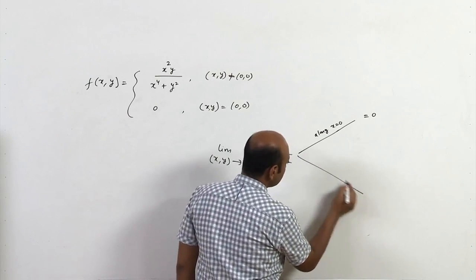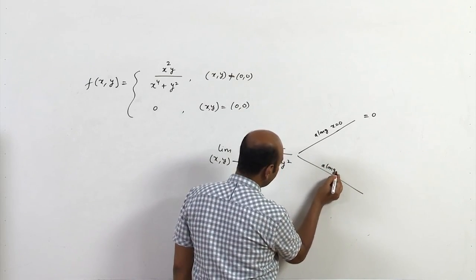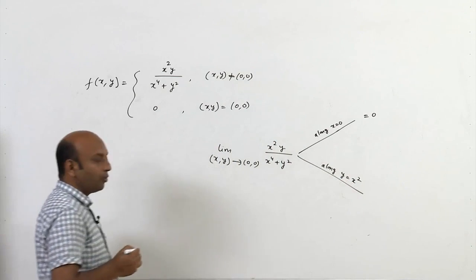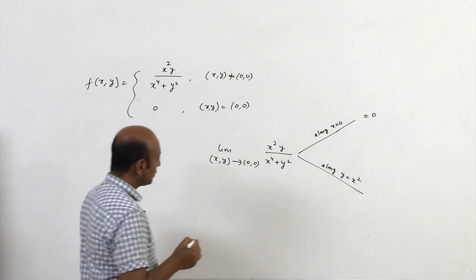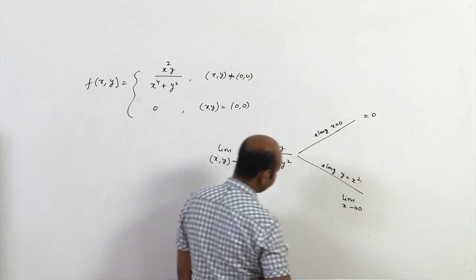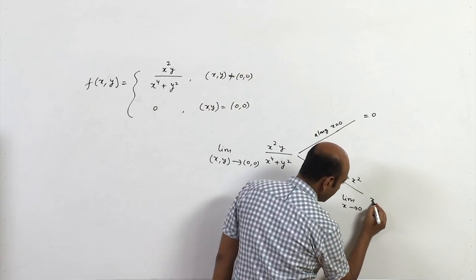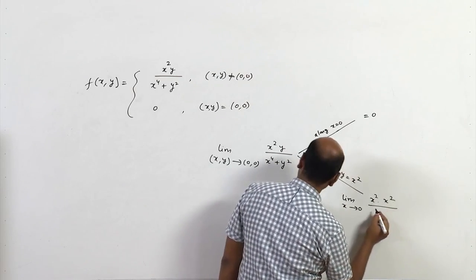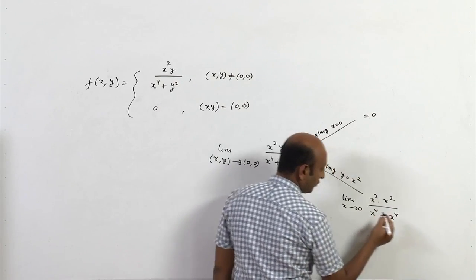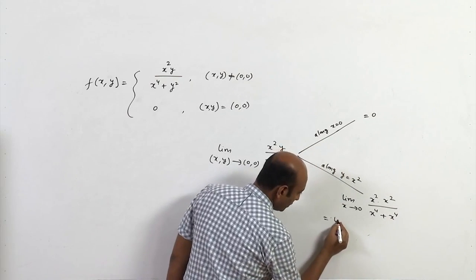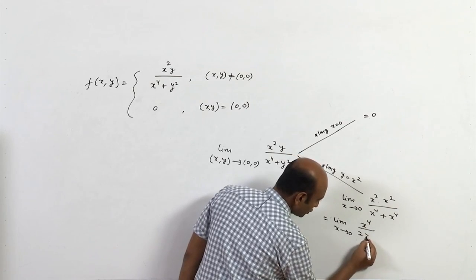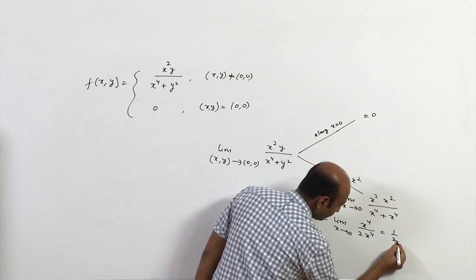Now, you move along, say, y equal to x square. If you move along y equal to x square, this will be limit x tending to 0, x square into x square upon x raised to power 4 plus x raised to power 4, which is equal to limit x tending to 0, x raised to power 4 upon 2 x raised to power 4, which is 1 by 2.